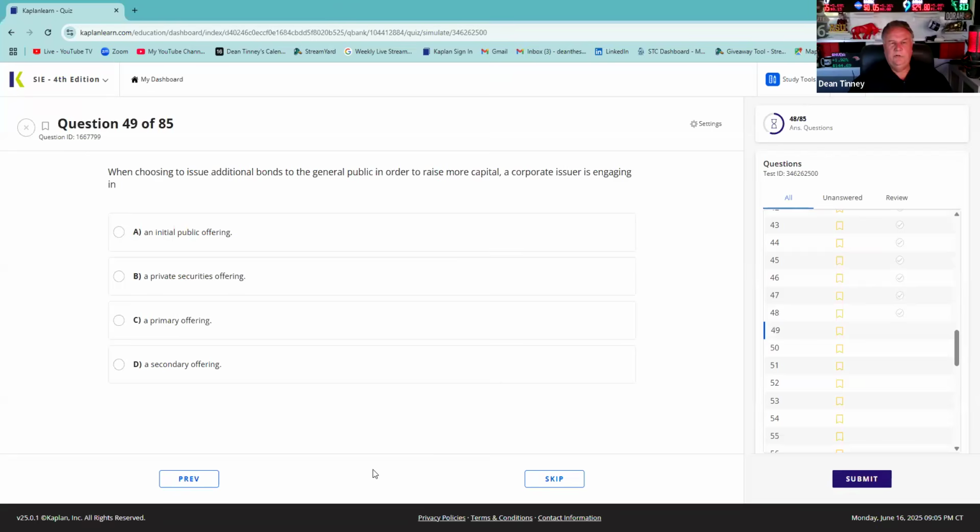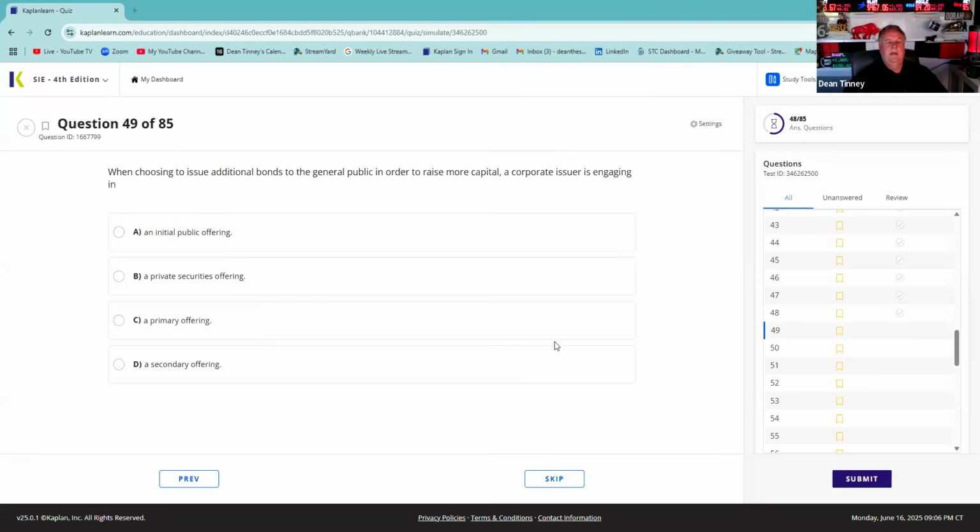When choosing to issue additional bonds to the general public in order to raise more capital, a corporate issuer is engaging in initial public offering.